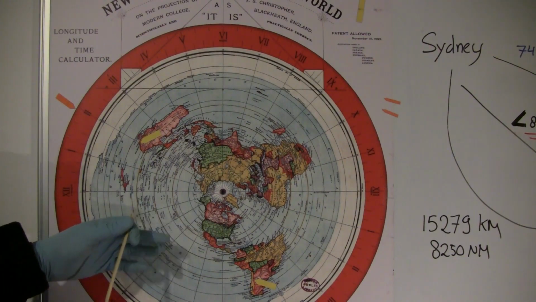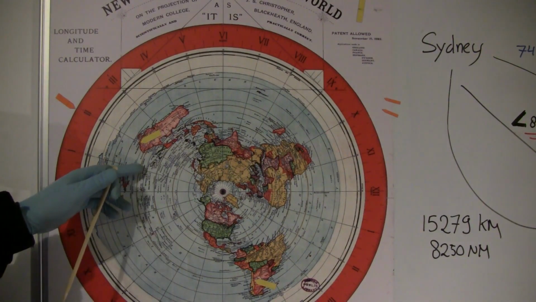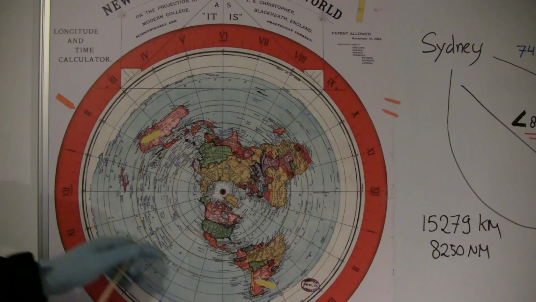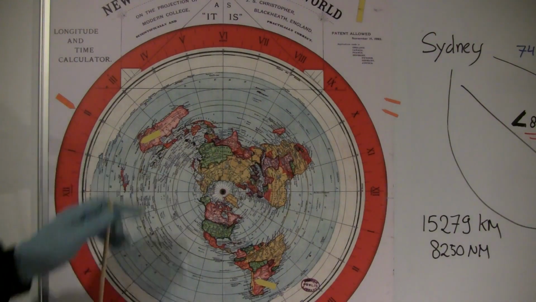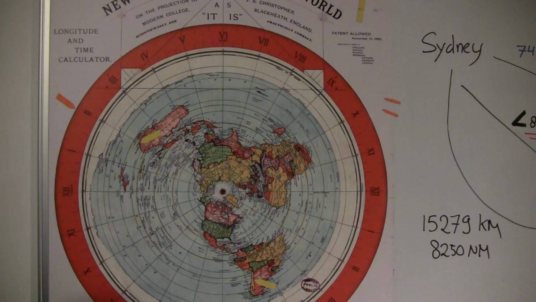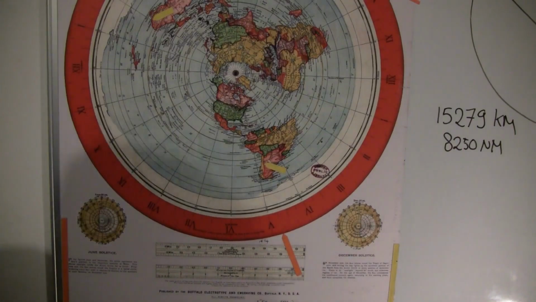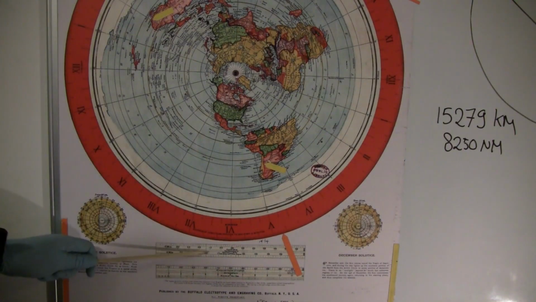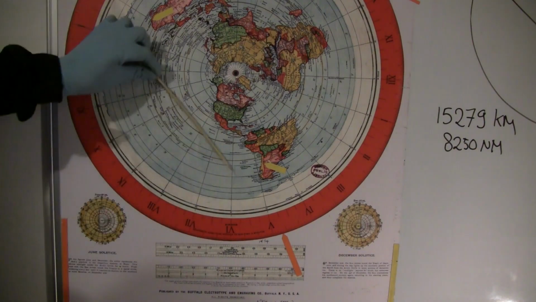It's a different ratio. You can only measure using the longitude or the latitude lines. And like I said before, this is not a scale to measure from one place to another.